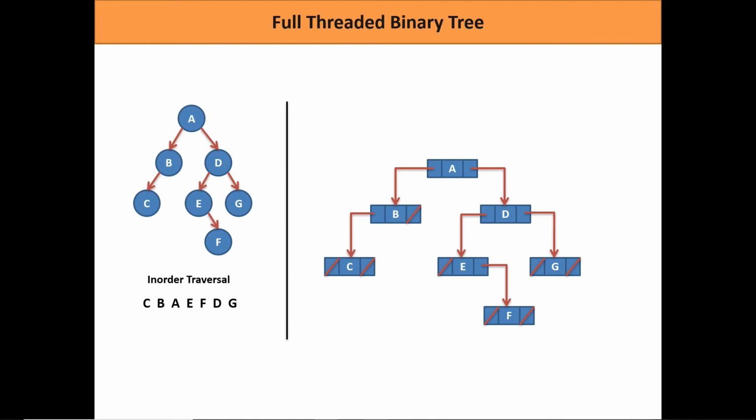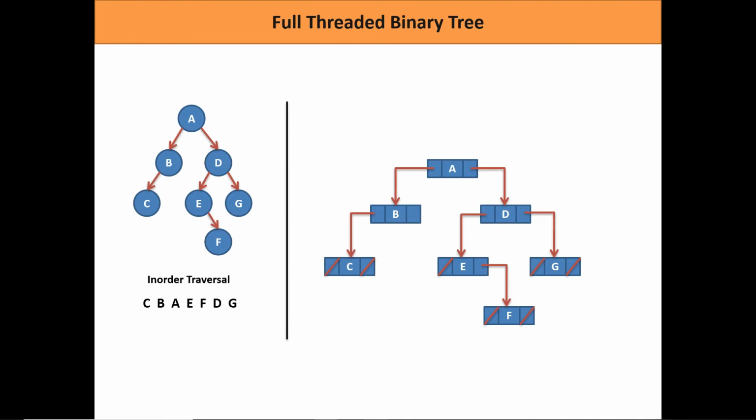In full threaded binary tree we have to combine left and right both the threaded binary trees. So we have to fill all the left and right links that are null, with threads.